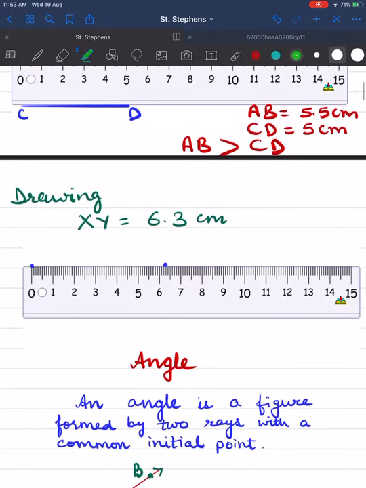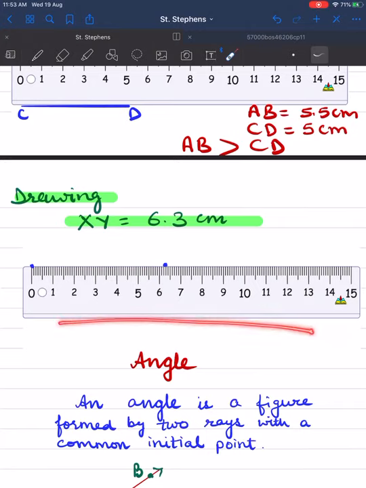Now let's learn to draw a line segment of a given length. So let's draw XY equal to 6.3 centimeters. We place the ruler on a sheet. We take point X at the 0 marking of the ruler. So let's take point X here. Now we measure 6 big divisions and 3 small divisions.